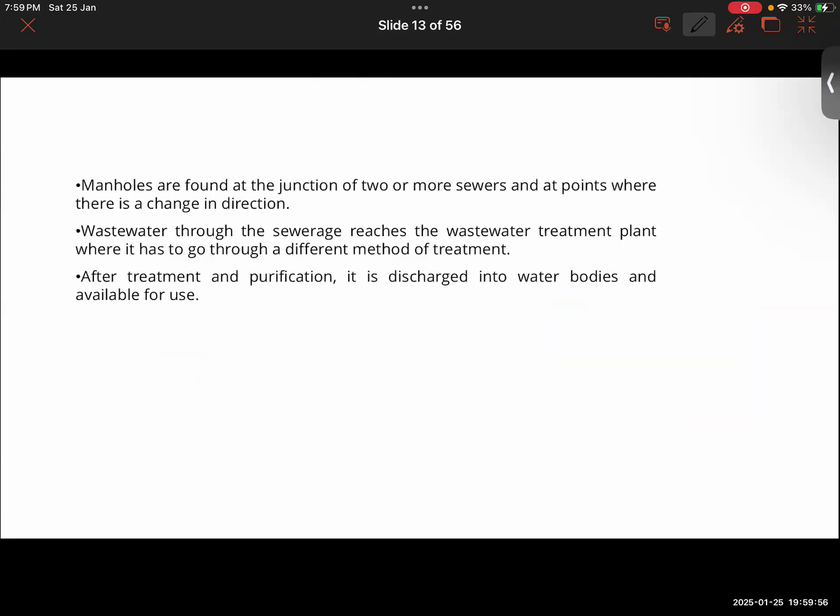Okay. So manholes, as I was telling you moments ago, are found at the junction of two or more sewers and at points where there is a change in direction. What does it mean to say? Suppose that this is the sewer, basically the pipe in which sewage flows.